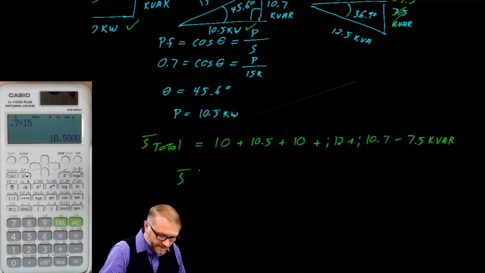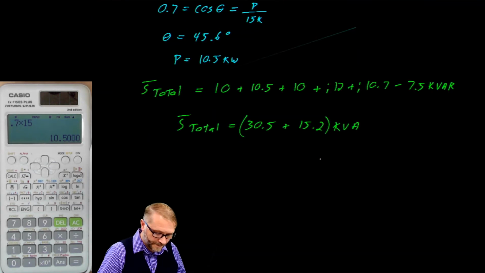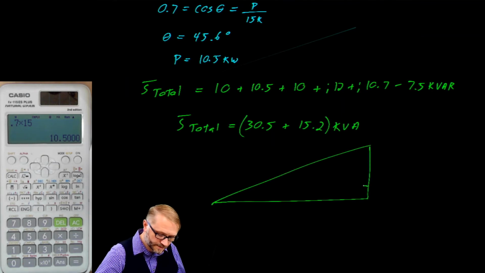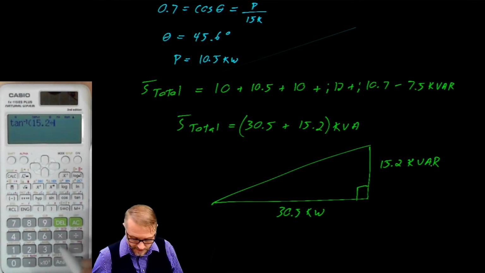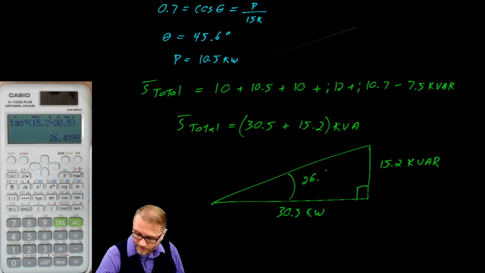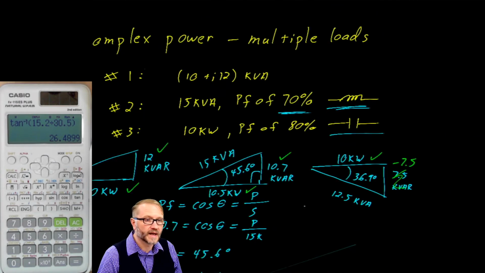If you put all that together, the total complex power is equal to 30.5 plus J15.2 kVA, giving us a large power triangle, the summation of all three, as 30.5 kW and 15.2 kVAR, at an angle of arctangent 15.2 divided by 30.5, 26.5 degrees.